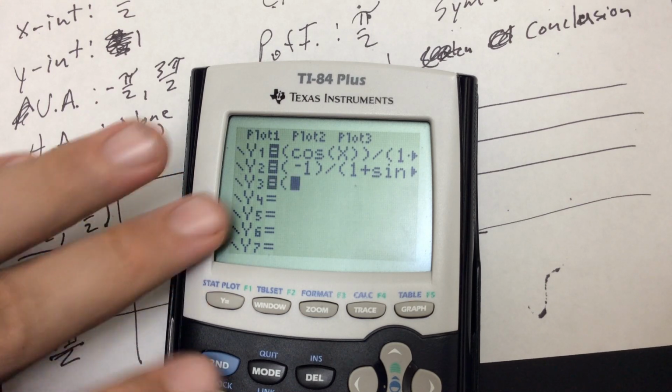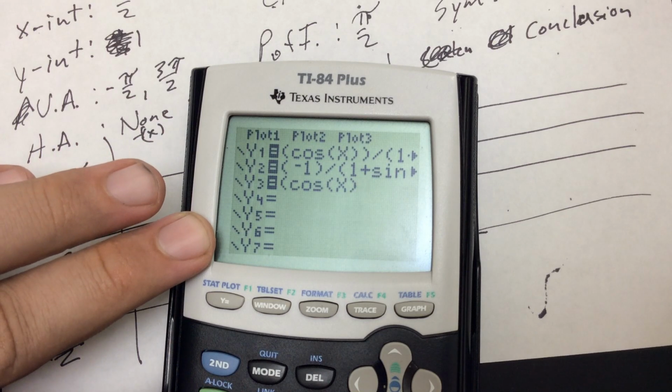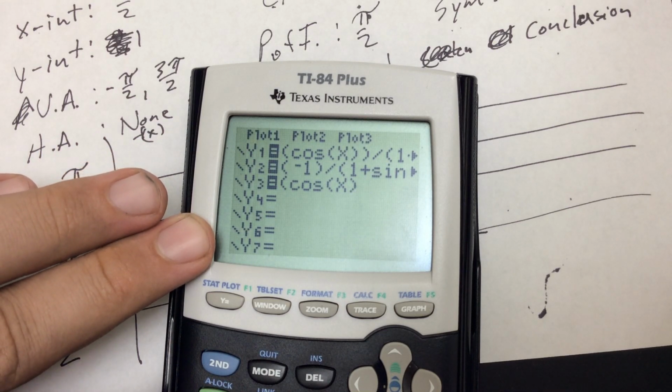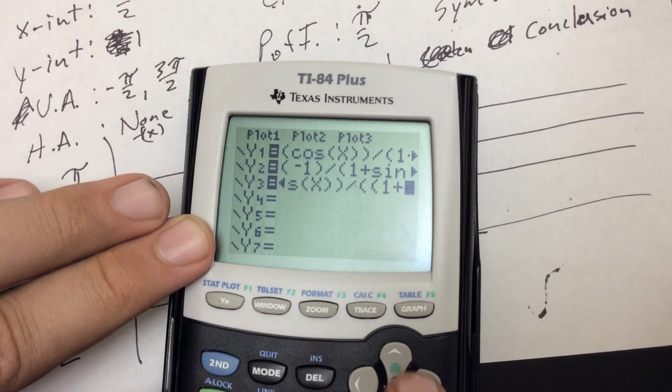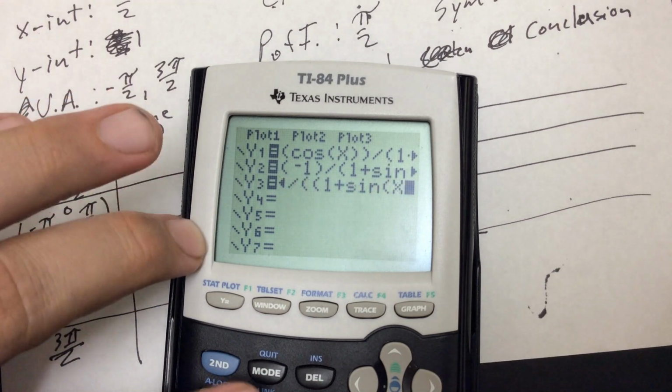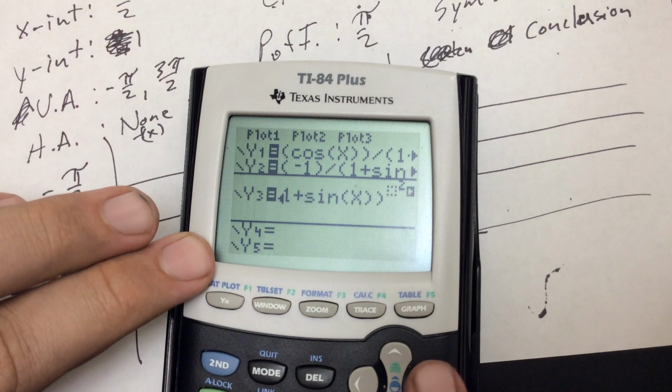Second derivative then, cosine x divided by 1 plus sine x squared.